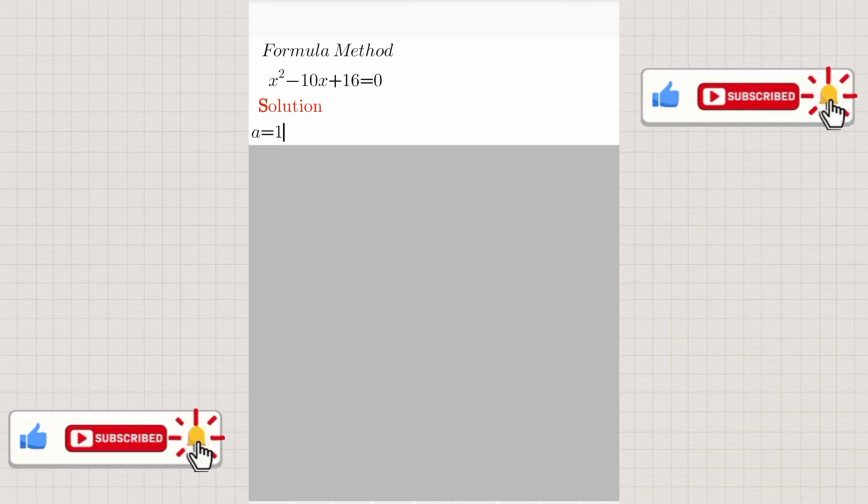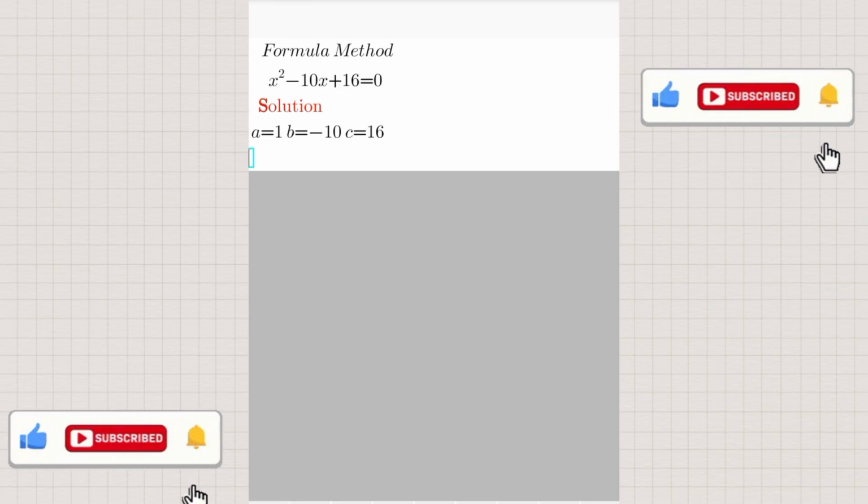Then what is b? The b is the coefficient of x, which is minus 10. Therefore b is giving us minus 10. And what is our c? C is 16.